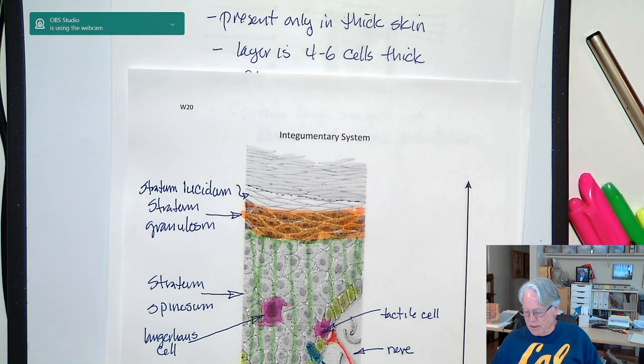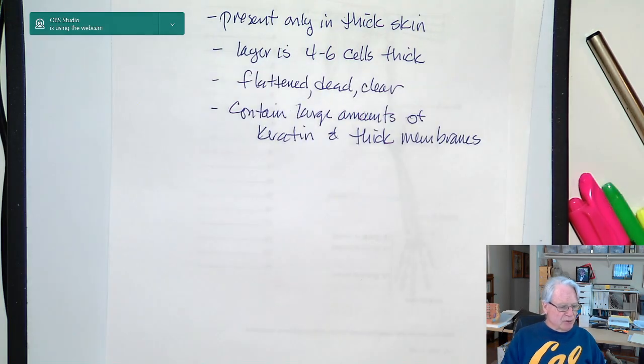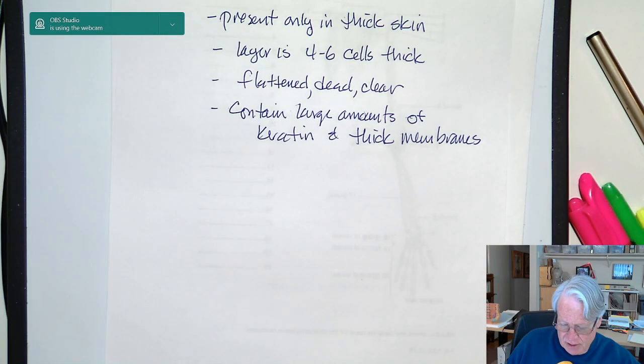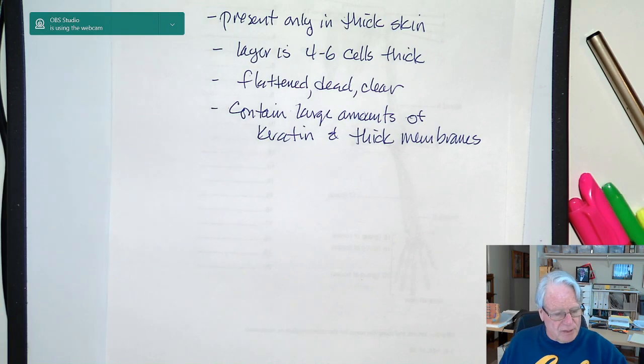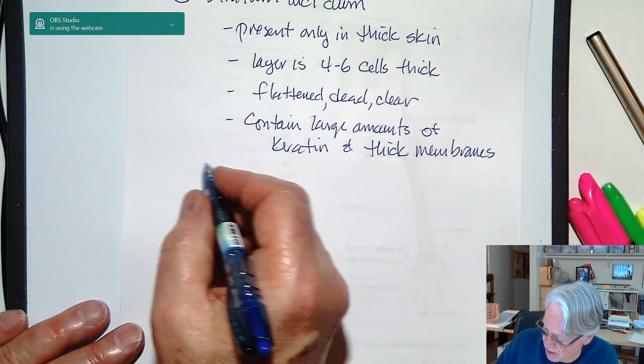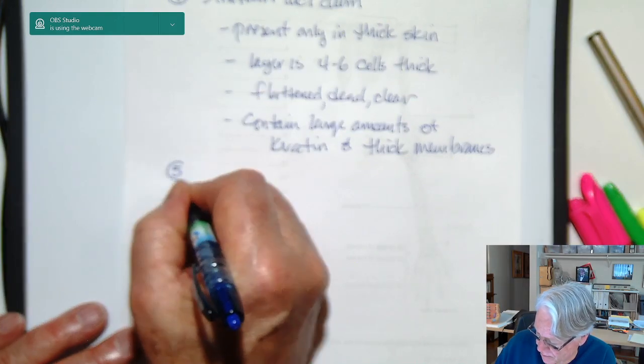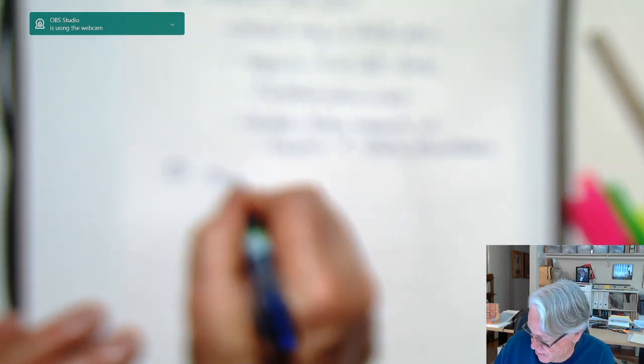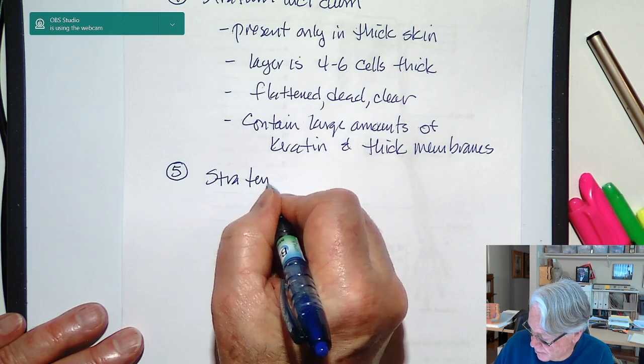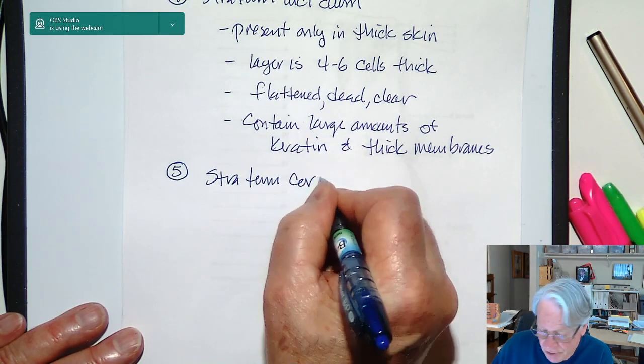Okay. And now we come to the very last layer, the most superficial layer. And we're going to talk about that layer. And that's the stratum corneum. Number 5. The stratum corneum.